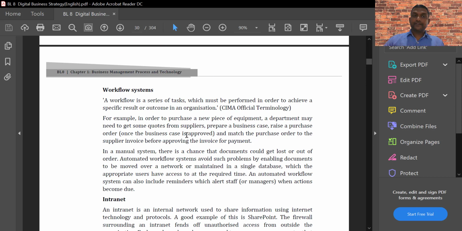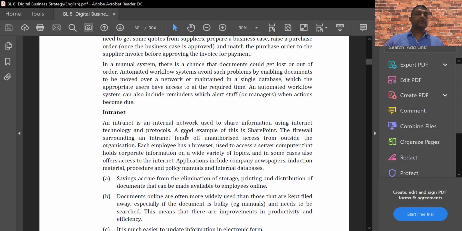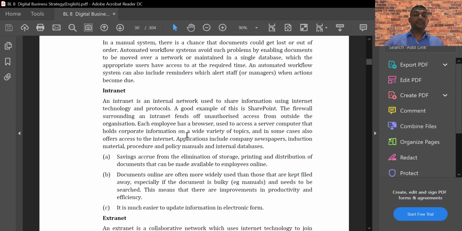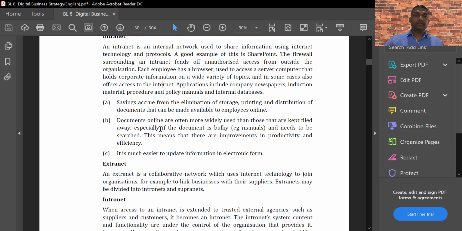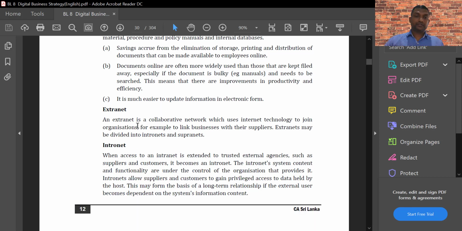In the first chapter itself, different types of networks are explained. You can see intranet here and you can see extranet here. Under extranet, there are 2 types of networks which we call intranets and supranets.